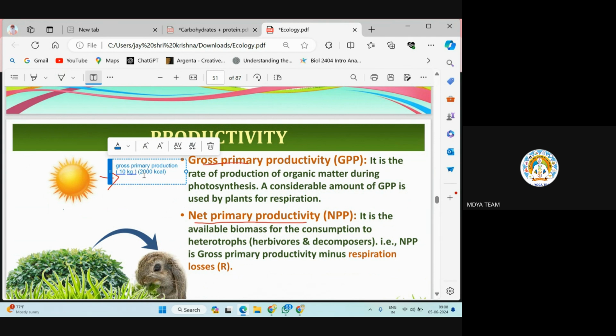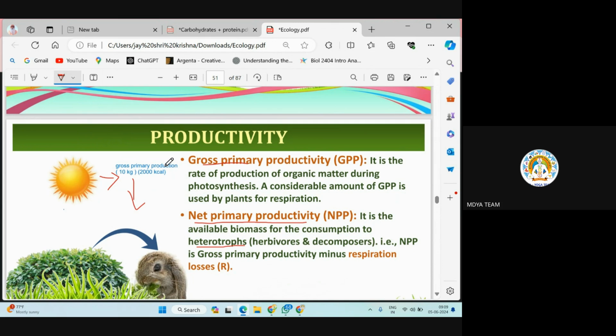That is how much they produce. But the plant will also use that energy, na? The plant will also use that biomass in order to make its own body. So some energy the plant will use, and some of the biomass that the plant produces, it will also use. The remaining part, which will be available to the heterotrophs, herbivores and decomposers, is net primary production. So gross primary production is the total biomass or total energy plants are producing.